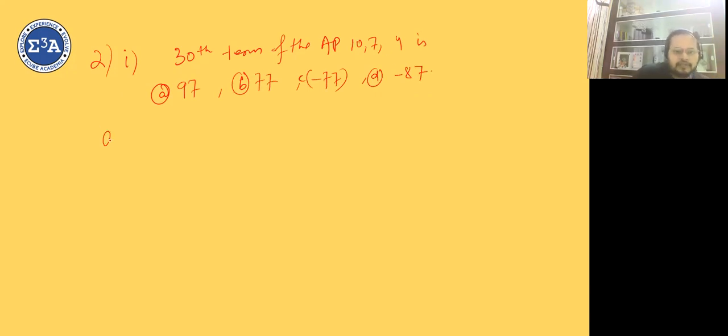The first term is given 10, d is a2 minus a1, this is also a1. So 10 minus 7 is equal to 3.